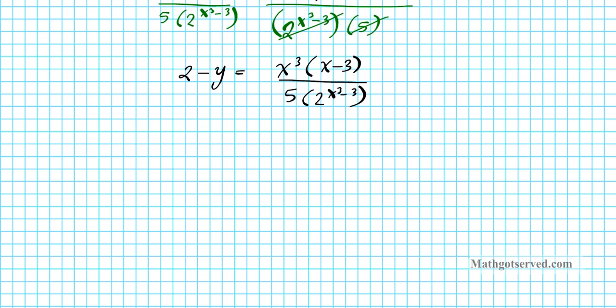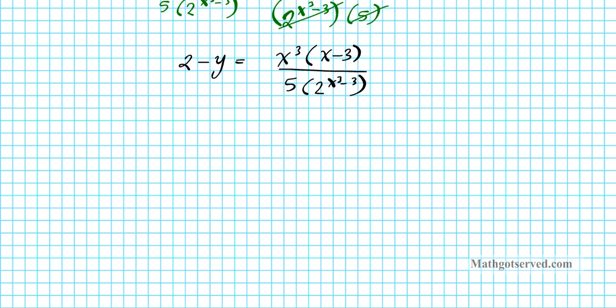So to do that, just actually subtract 2 from both sides. If you subtract 2 from both sides, we have negative y equals x to the third times x minus 3 over 5 times 2 to the x to the third minus 3, minus 2.